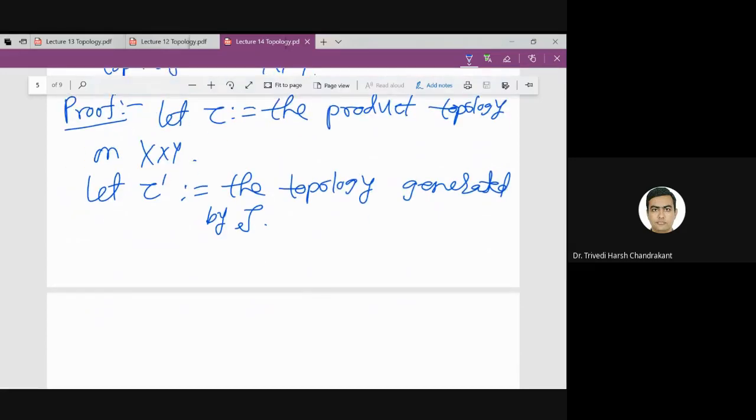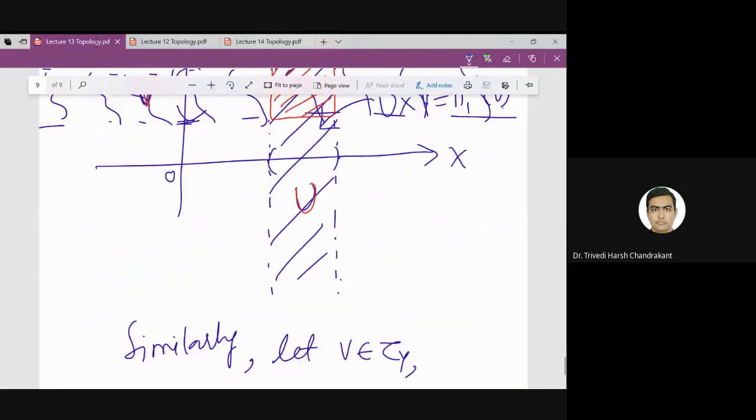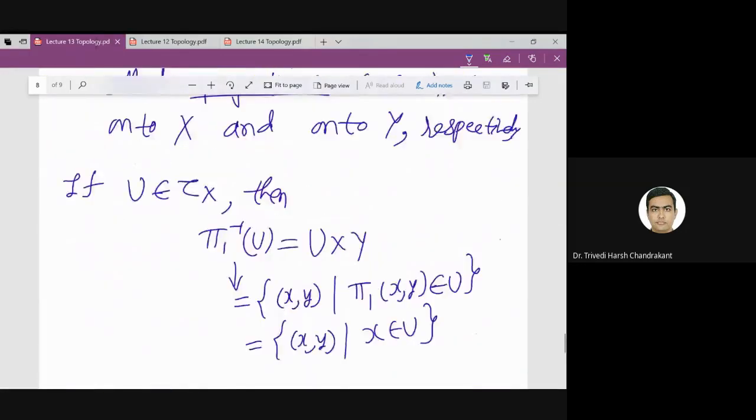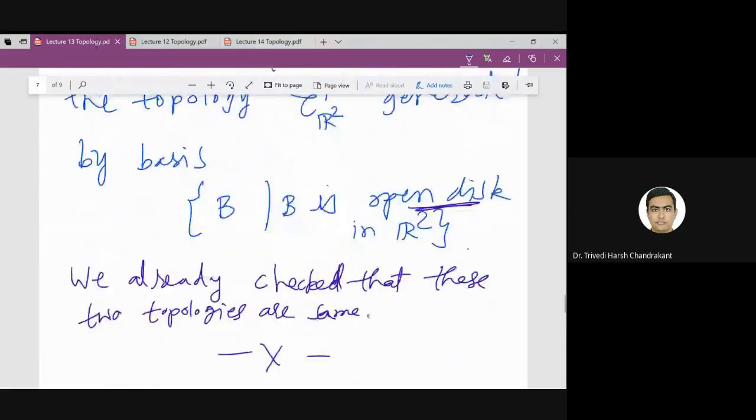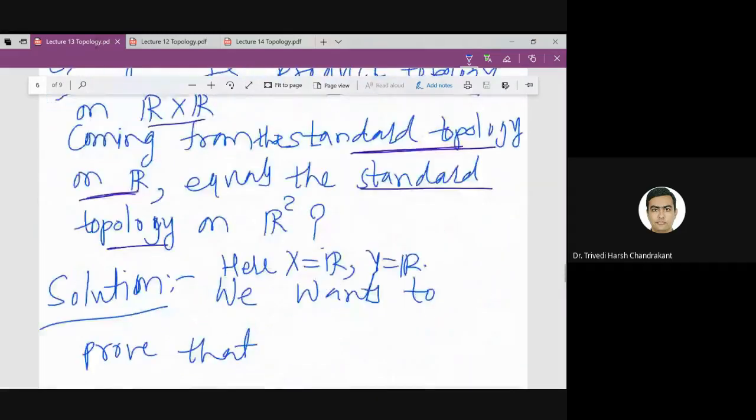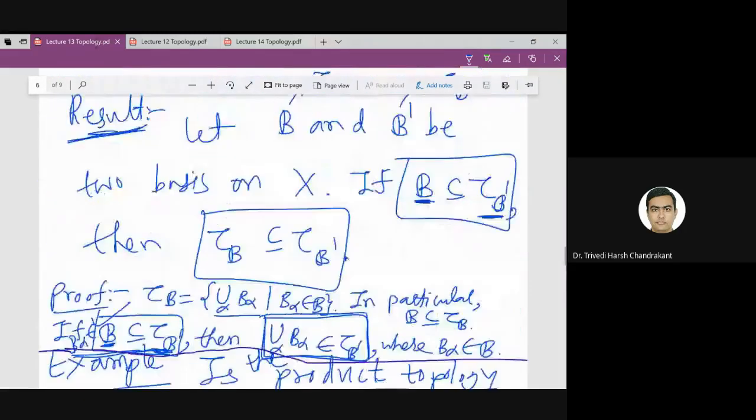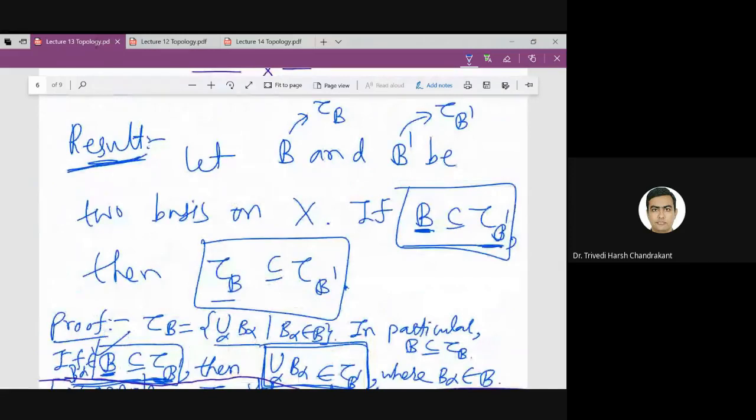As we have discussed in this result regarding the basis element, if I can show that every basis element is contained in another topology, then I will get this one. So instead of basis here I have sub basis elements. So is this result true for sub basis also?